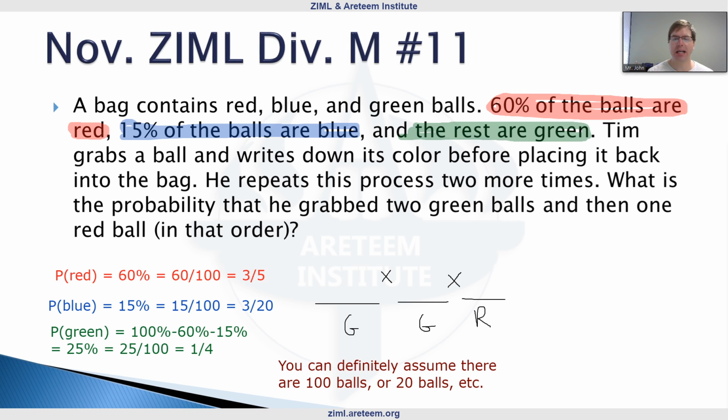So if we do this in the simplified versions of the fractions, we now have to multiply our probabilities. And just be careful what we're multiplying here. So we have green, there's a 1/4 chance. Now, here's where it's important that we're placing the ball back in the bag. That means this probability doesn't change, right? So these probabilities don't change because the ball is going back in the bag.